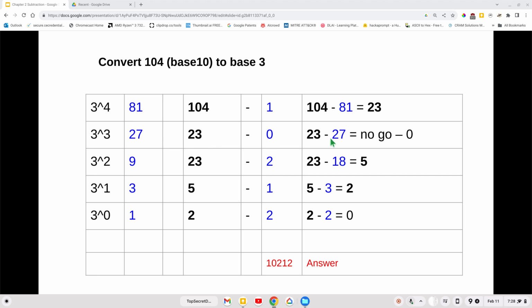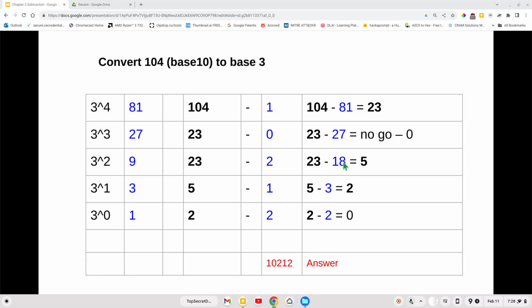Zero. 23 minus 27 is a no-go, so it's 0. How many times does 3 to the second power go into 23 instead? 3 to the second power is 9, so how many times does 9 go into 23? Two times. 2 times 9 is 18. 23 minus 18 equals 5, so 5 is left.